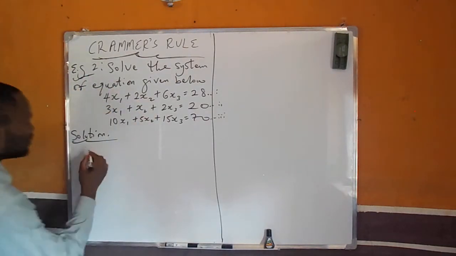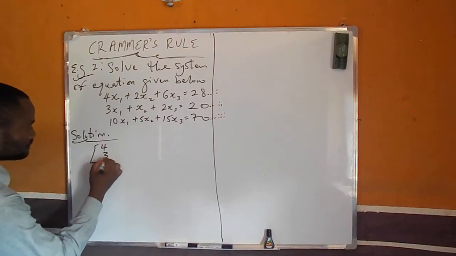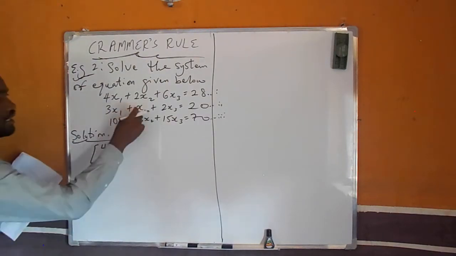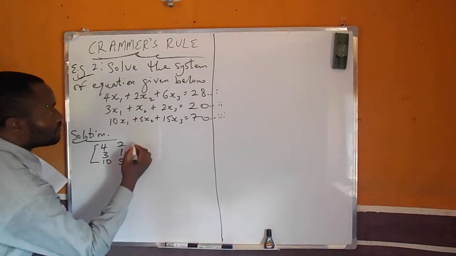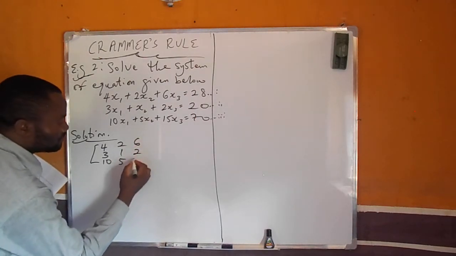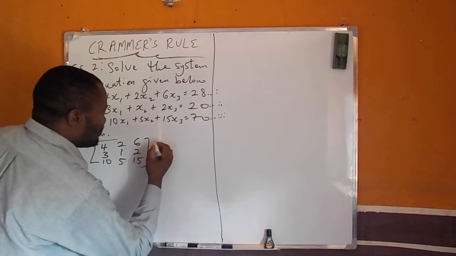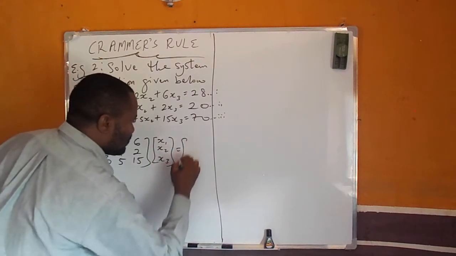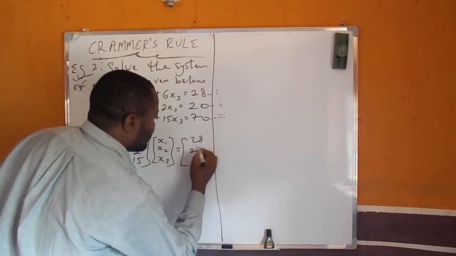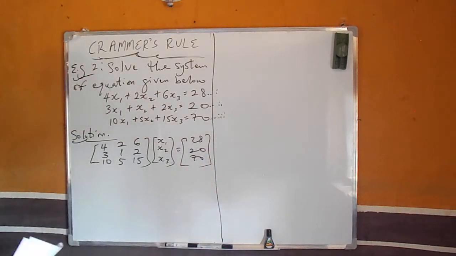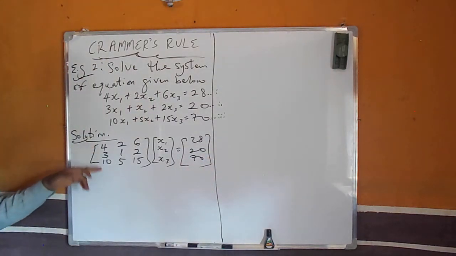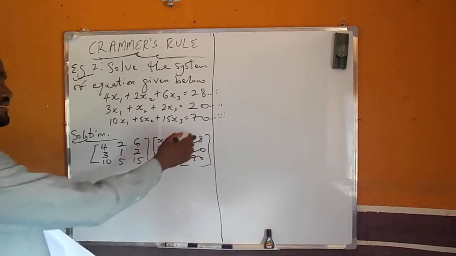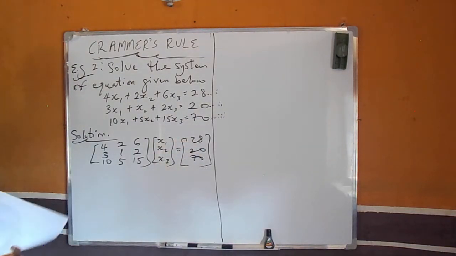Breaking it down into equations, we have 4, 3, 10, 2, 1, 5, 6, 2, 15, then x1, x2, x3, and 28, 20, 70.